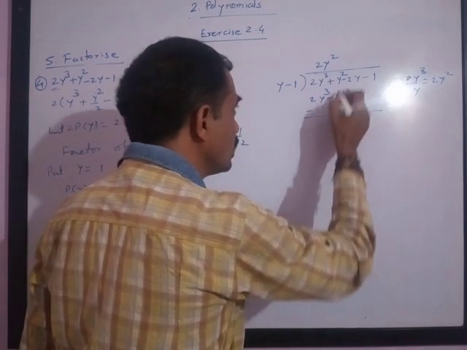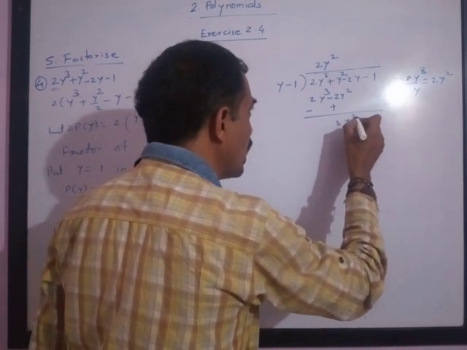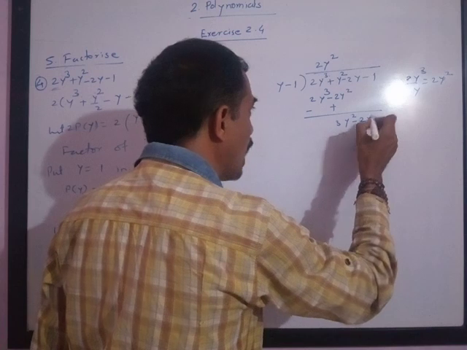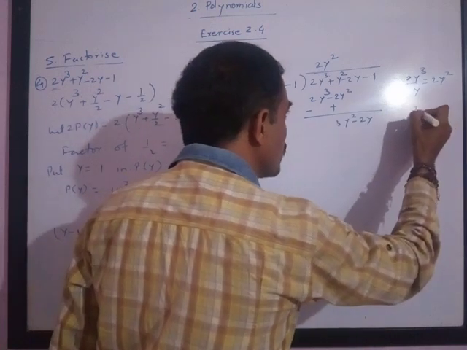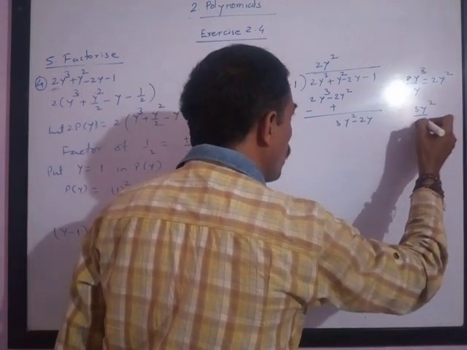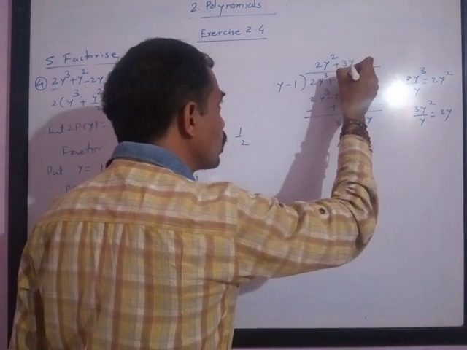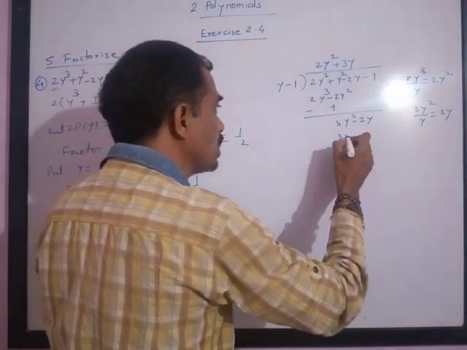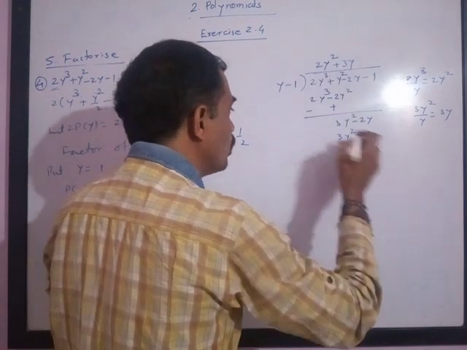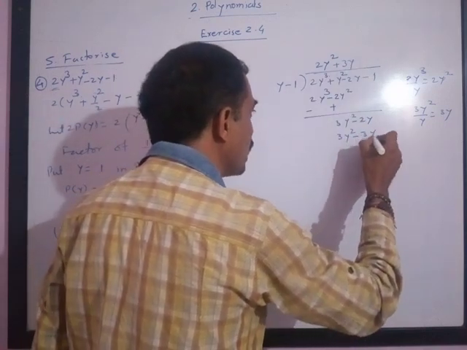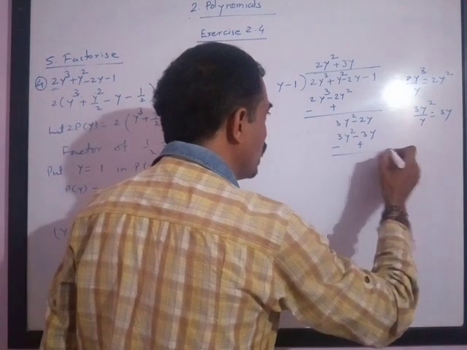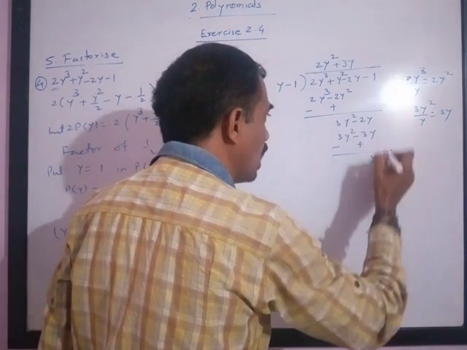So you will get 3y square minus 2y. Now 3y square, if you divide by y, you will get 3y. So plus 3y is the next term. 3y into y is 3y square. 3y into minus 1 is minus 3y. Change the signs, you will get plus y minus 1.